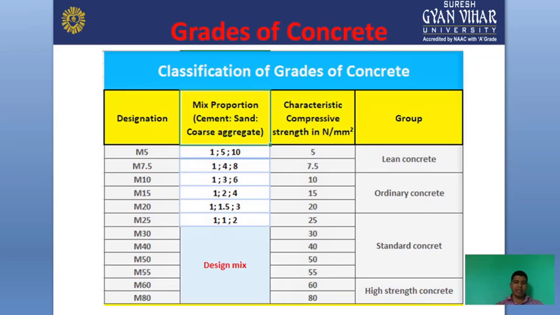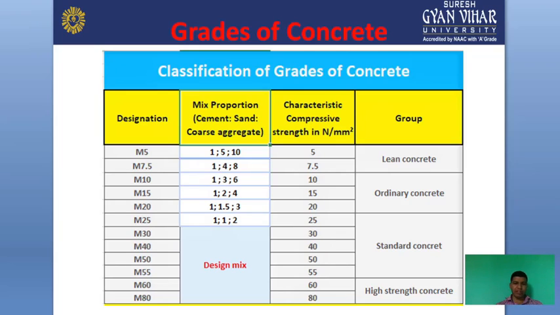The number is the designation of the grade, and it is also the compressive strength in Newton per mm square after 28 days. So M5 has a mix proportion of 1 to 5 to 10. This is the ratio of M5.